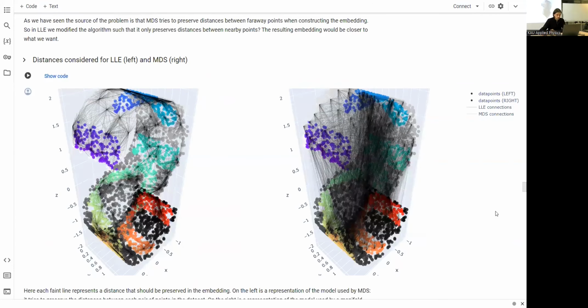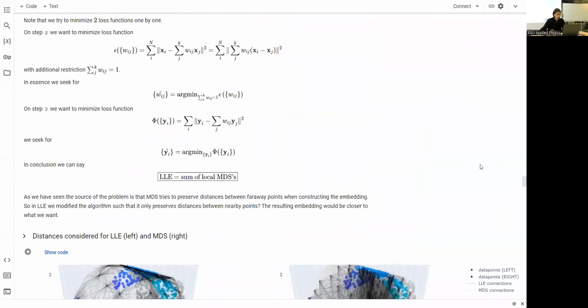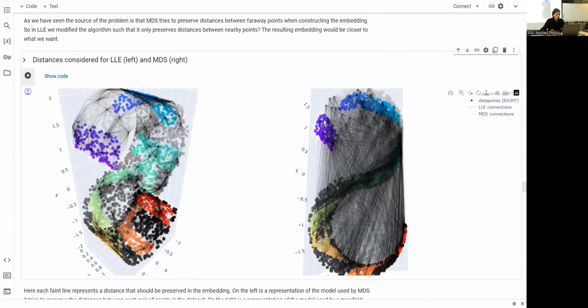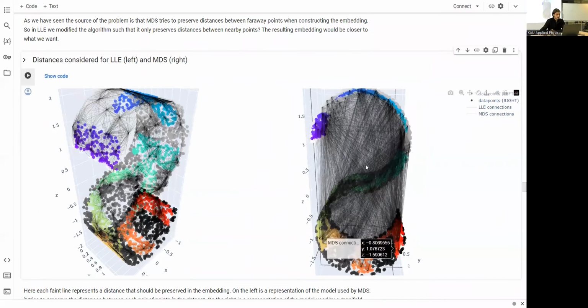Let me for a moment skip this part, because this is what we had in MDS: here you see all the distances that we have. And of course, we can expect that distances between this part of the S-shaped manifold and this part create large stress when we are trying to squeeze everything into the plane. They are basically making our method not work.